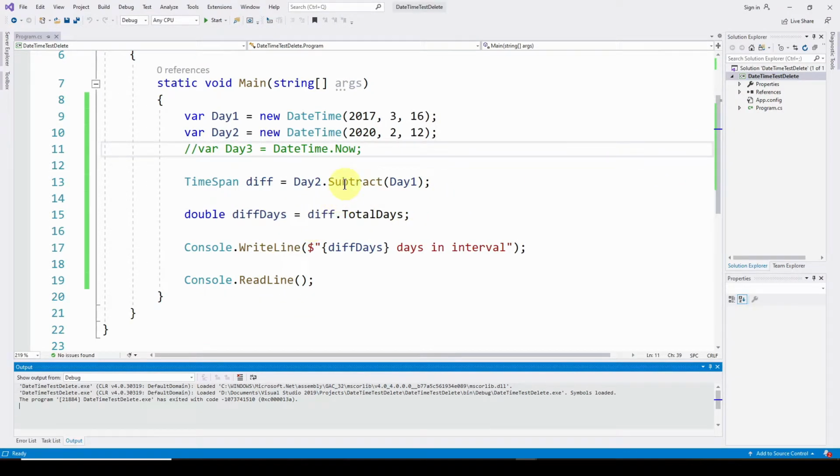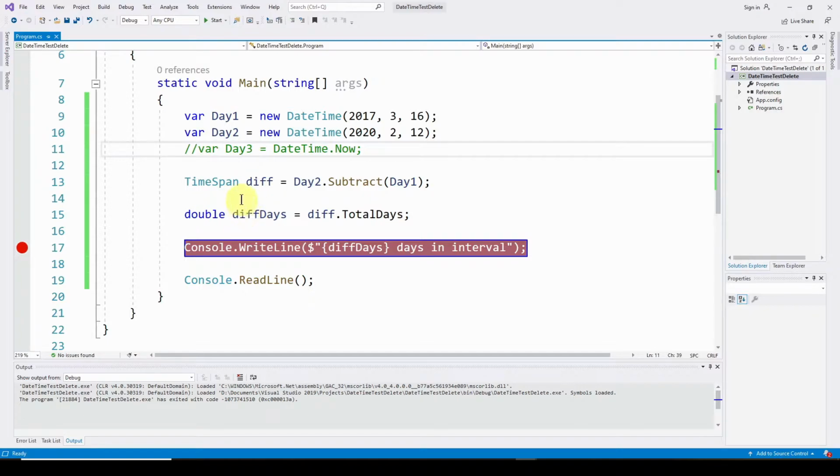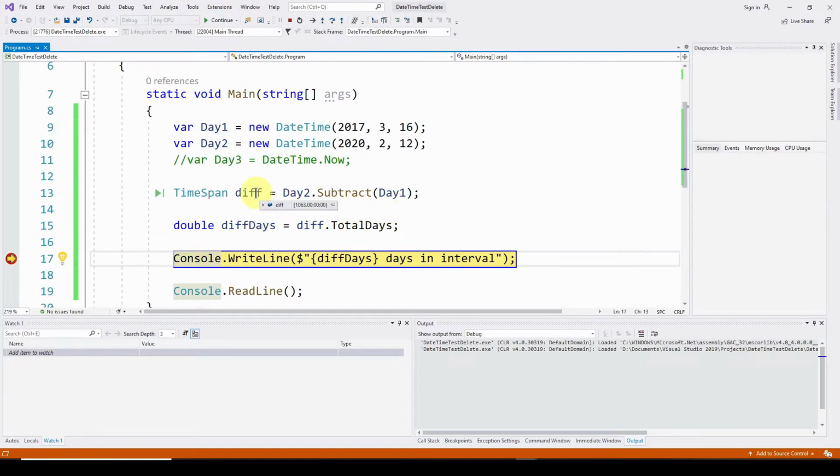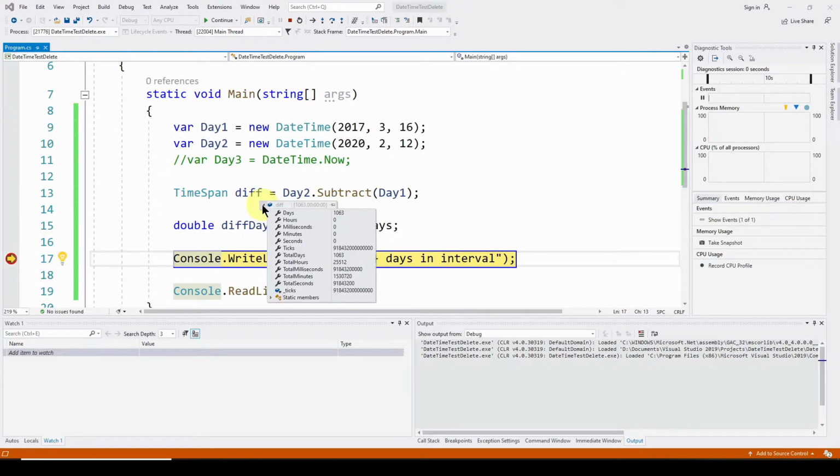So now, maybe we want to figure out how many years plus how many days or weeks or months or whatever. I'm going to run this again, put a breakpoint, and you can see the difference shows 1,063 days. Again, we're starting at the same midnight, so there are no remaining hours, milliseconds, or seconds.